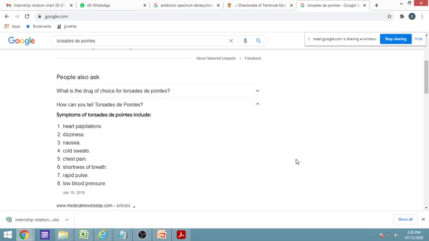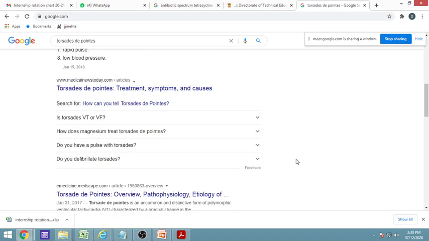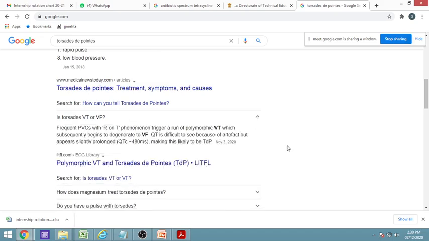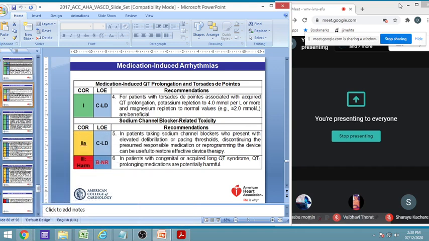It causes ventricular arrhythmias, and it is polymorphic ventricular tachyarrhythmia which subsequently begins to make ventricular fibrillation. So it is a very problematic one, and the ECG patterns show this ventricular arrhythmia pattern resembling torsades de pointes. Where it is associated with acquired QT prolongation, potassium repletion to 4 millimole per liter or more, and magnesium repletion to normal values are beneficial.